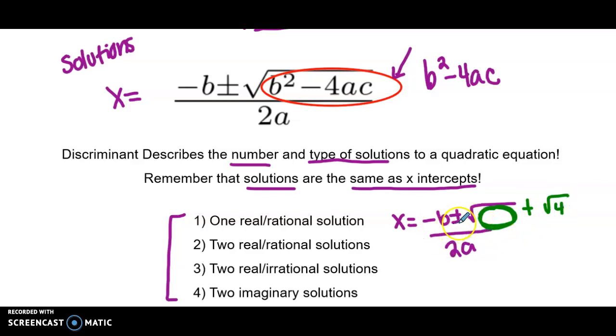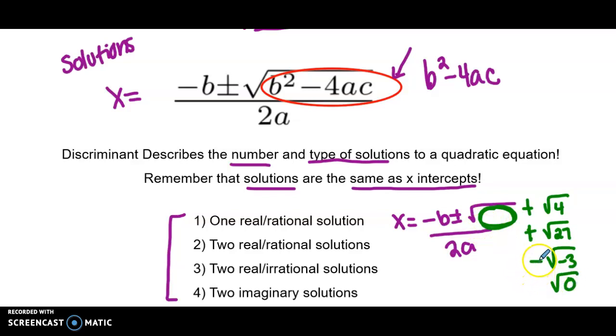That's going to give me a nice, pretty number when I simplify this equation. I can get a positive number that's not a perfect square, such as maybe 27. That's going to give me kind of a crazy decimal answer if I were to simplify this out. Okay, I can get a negative number underneath here, and that's actually going to tell me, remember, that there's no x-intercepts, okay? Or I could actually get 0.